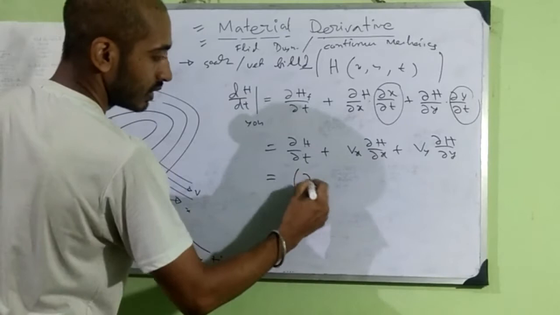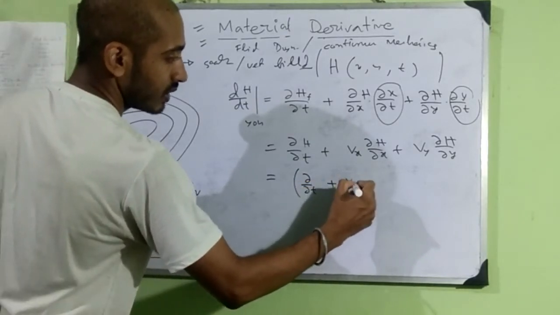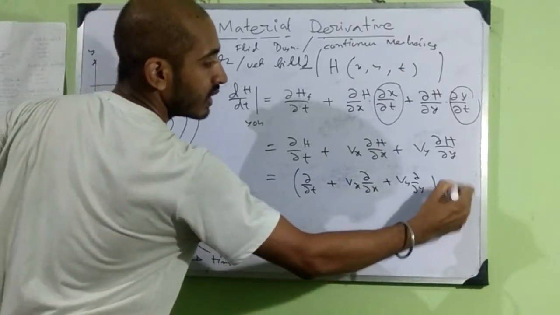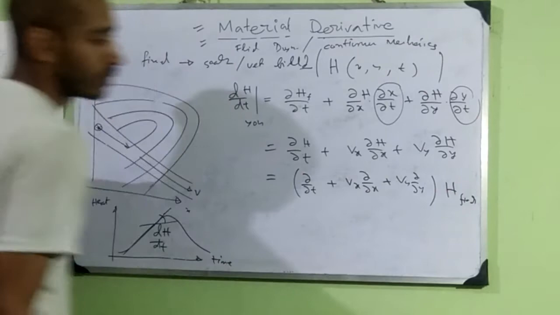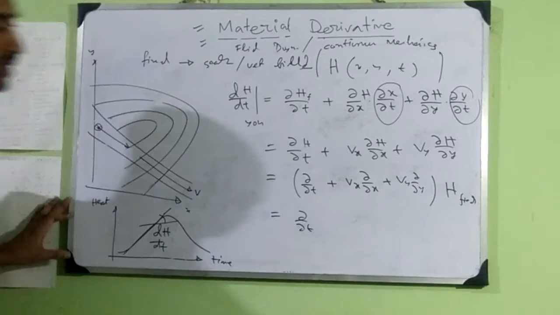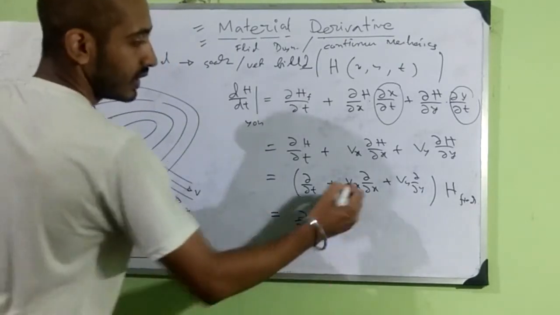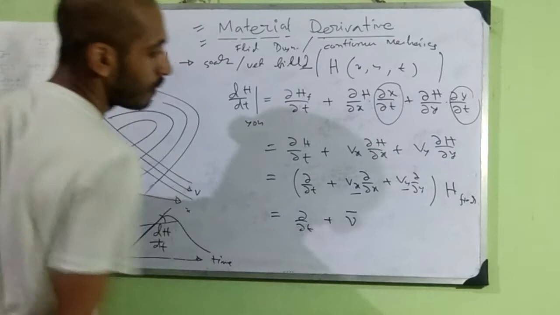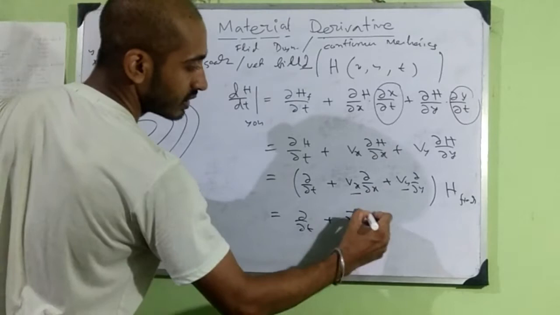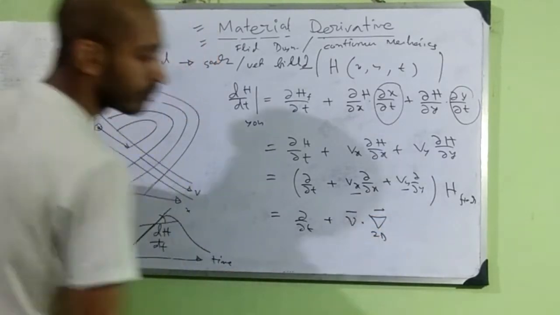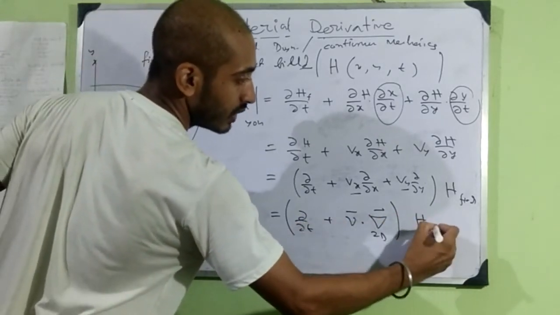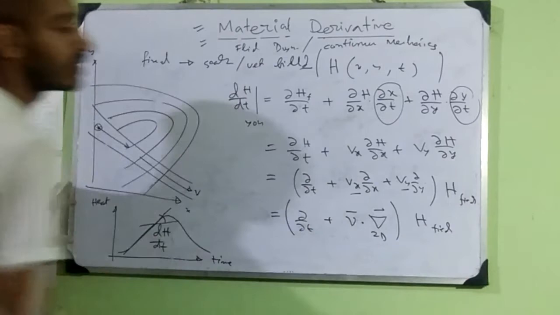Apart from h, this is vx del/del x plus vy del/del y, and here h is a field. So this can also be written as the time derivative plus the velocity vector v dotted with the gradient, and this is the gradient in 2D. This is an operator, and it acts upon the field h. Here h represents the field.